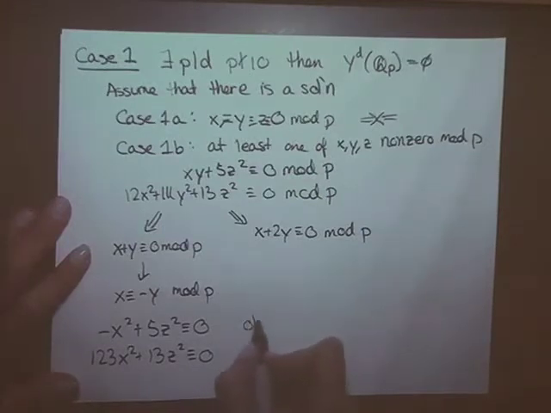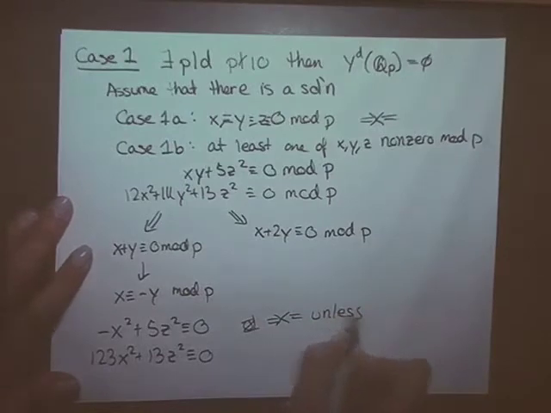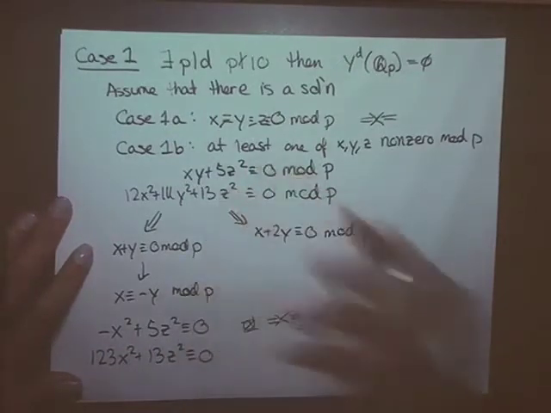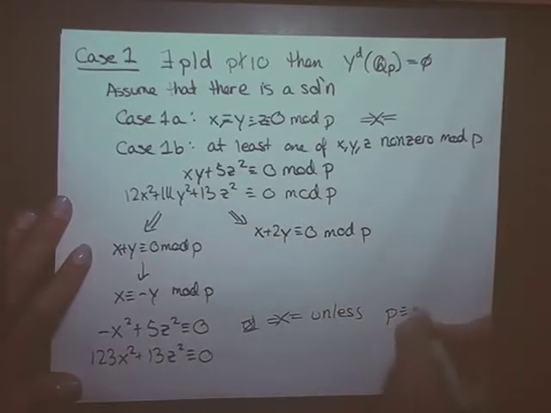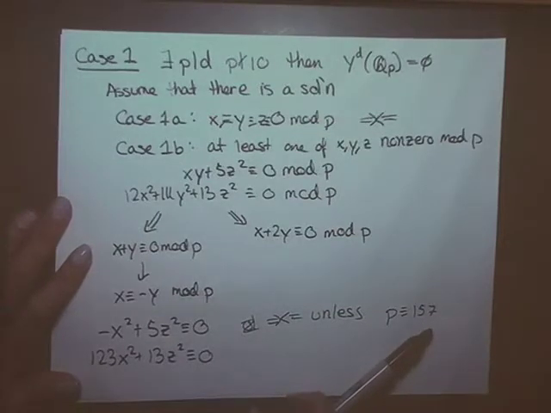These equations are linearly dependent when p is either 2, which we ruled out, or p is 157. But when p is 157, this is 2 mod 5. So 5 is a non-square mod p, so you have no non-trivial solution here. So then we also have a contradiction, since 5 is not in F_p star squared.